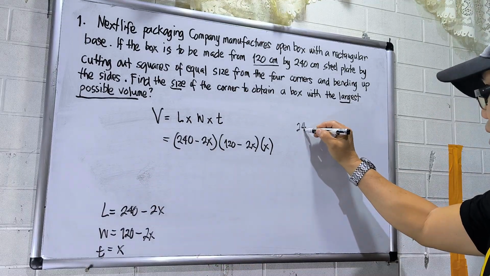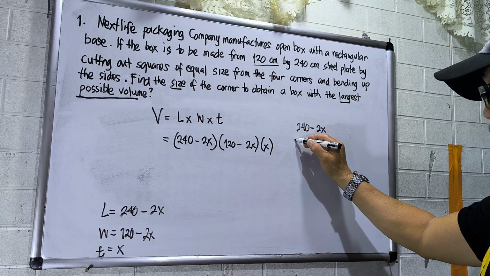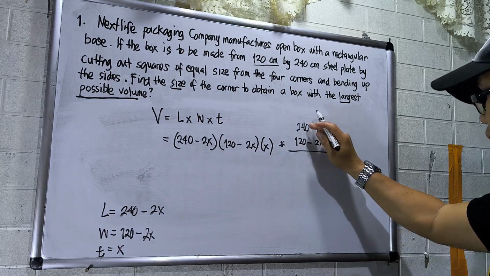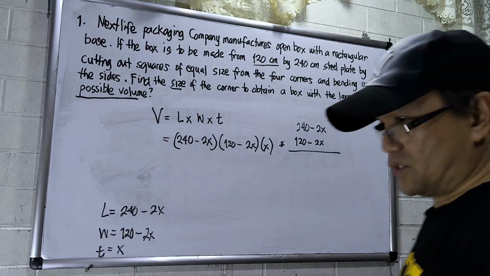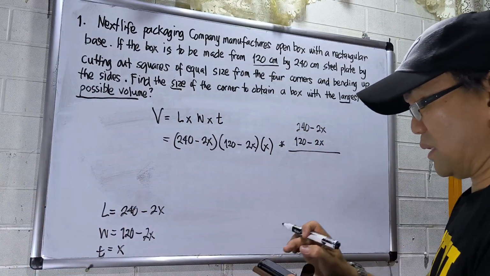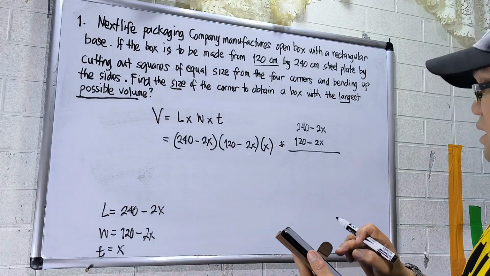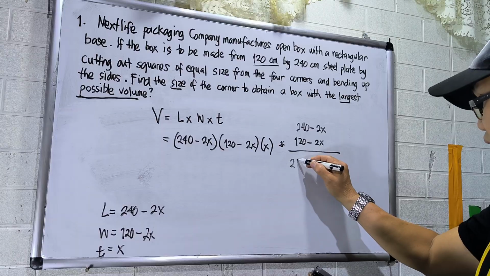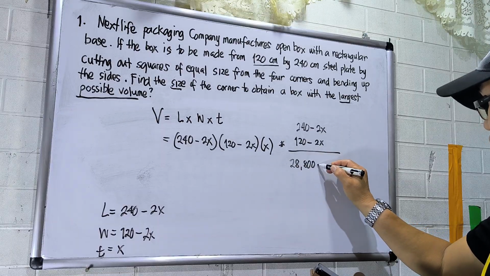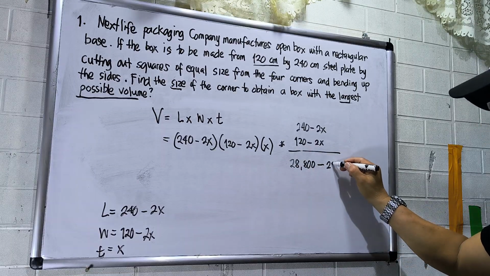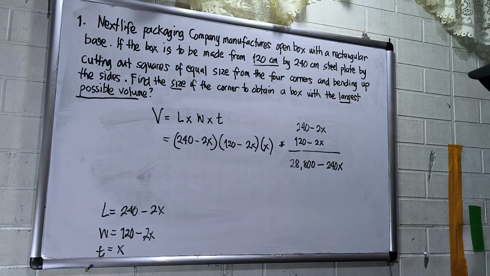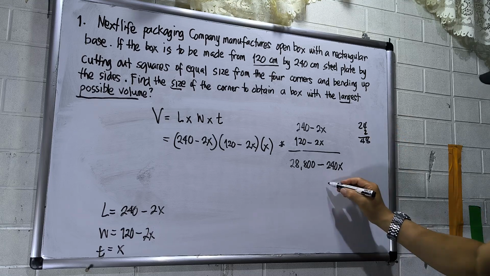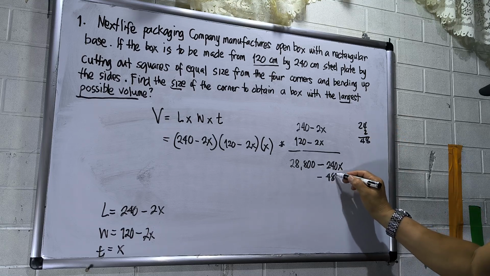So 240 minus 2x, then 120 minus 2x. I will use a calculator to make it easy. What is 240 times 120? This is 28,800. Then minus 240x, and then 240 times 2 is 480, so this will be negative 480x.